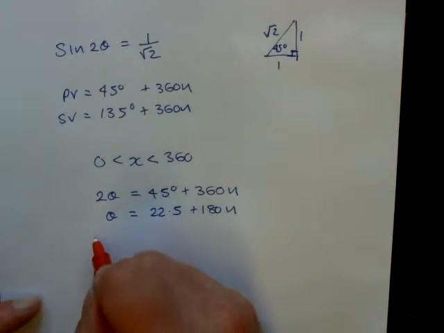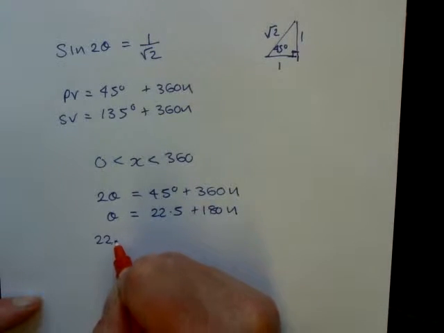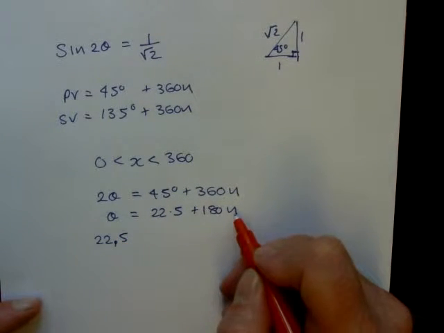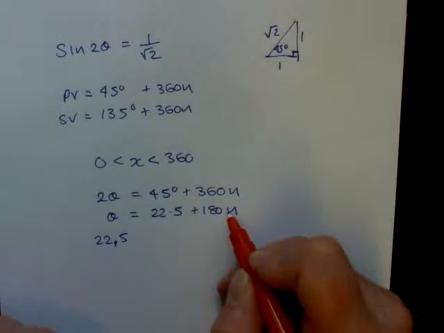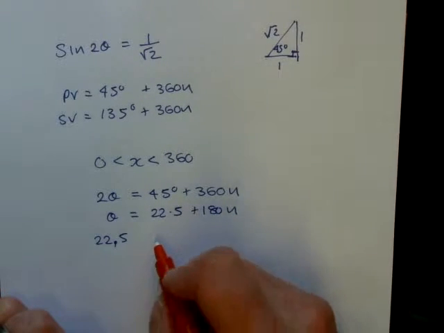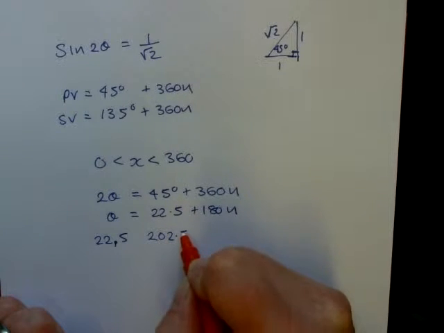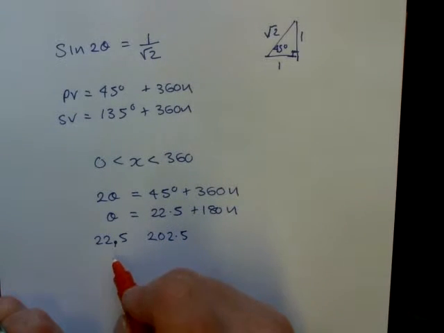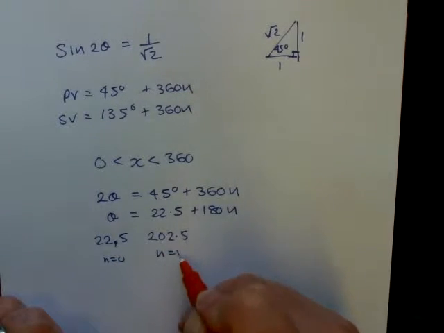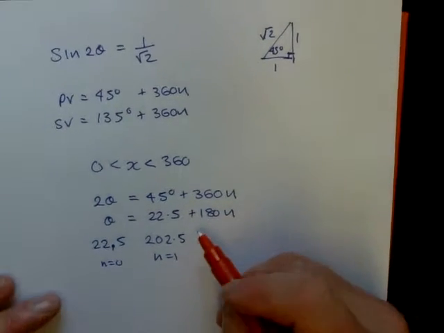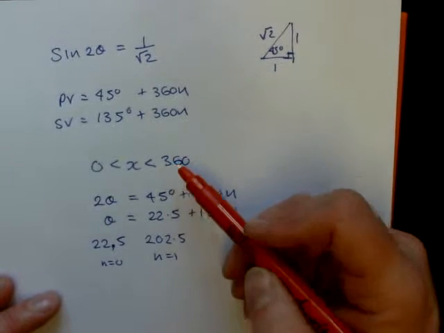And I will get two solutions from this. I'll get 22.5, and that comes when you make n 0. That will make this disappear. If you make n equal 1, you're going to get 202.5. So that was n equals 0, and that was n equals 1. If I add another 180 on, I will go outside of the range.